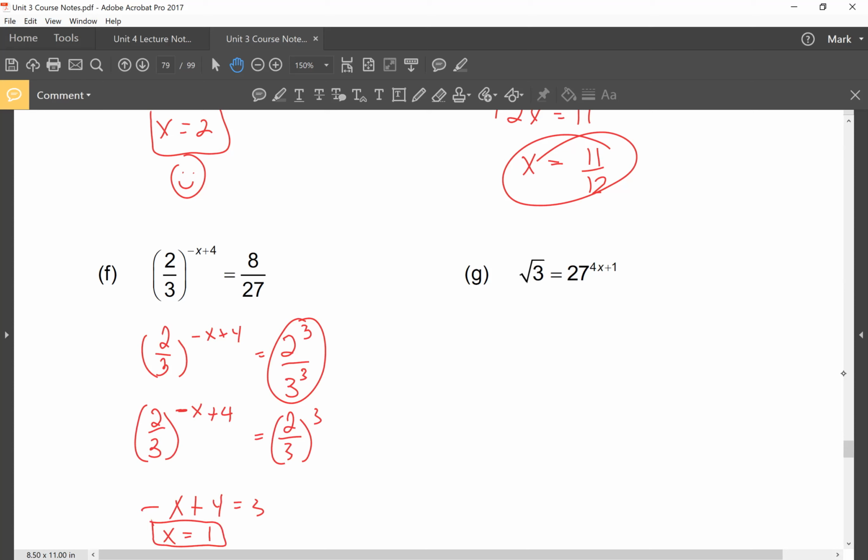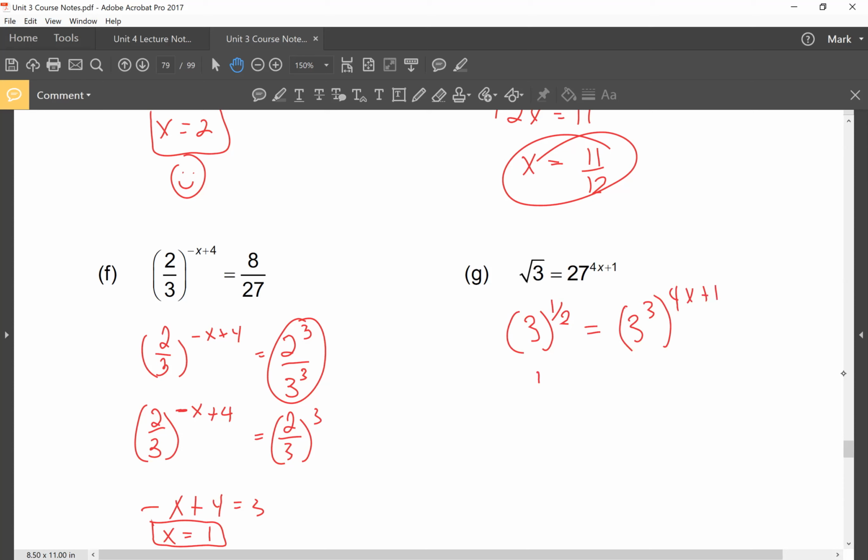All right, cool. G. So we have a square root there. We don't want a square root anywhere, right? We want to get rid of that for this question. So I'm going to rewrite this as 3 to the power of 1/2 equals 3 to the power of 4x plus 1.